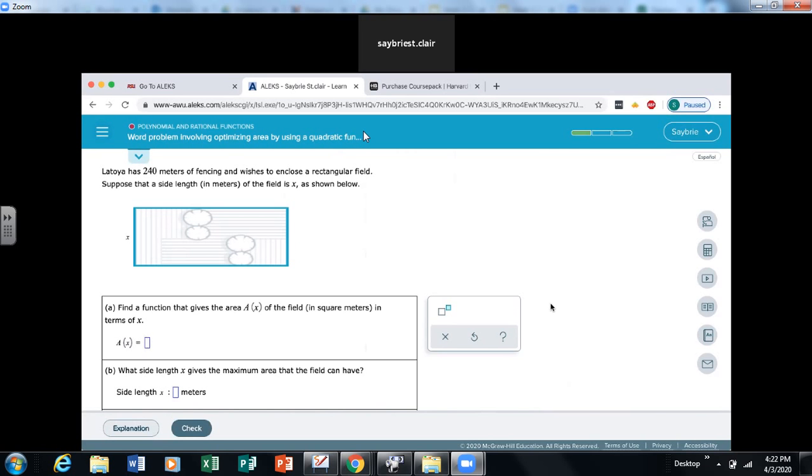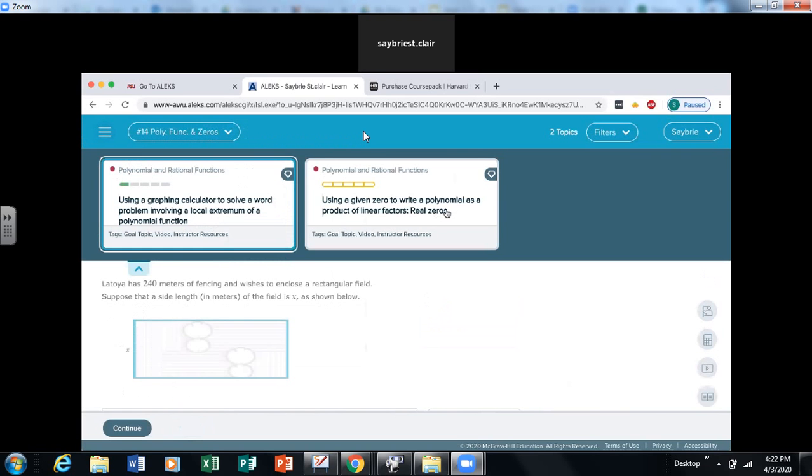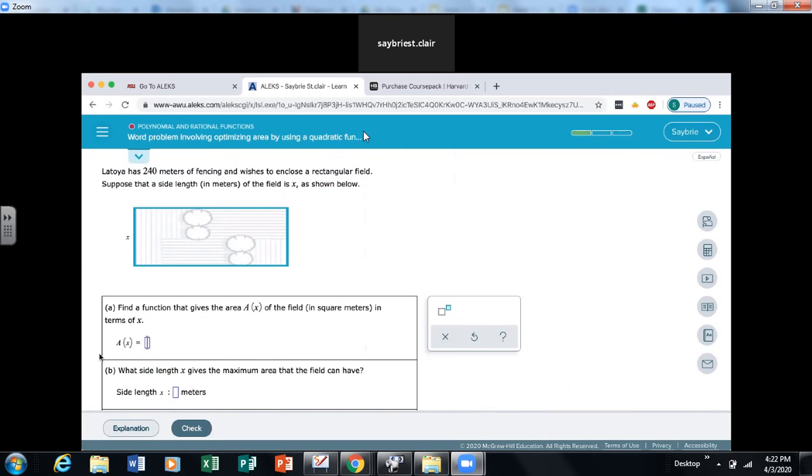Let me send you a picture of that. You see that? So the top one is perimeter: 2 of the side pieces plus 2 of the top and bottom pieces equals 240. And then the area of that is x times y.